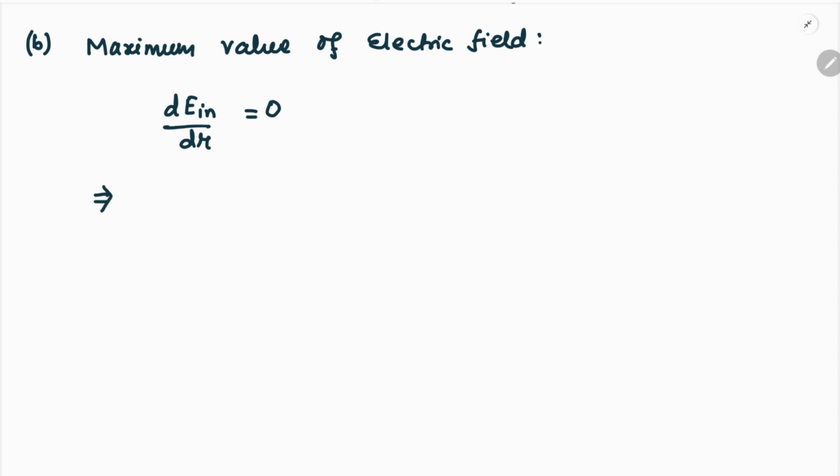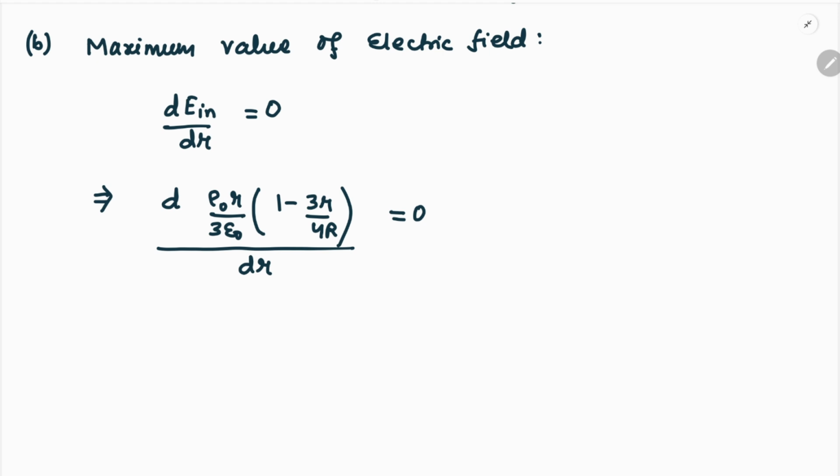So we differentiate the inner term with respect to r, that is, we take the derivative of rho naught r by 3 epsilon naught times (1 minus 3r by 4R) with respect to r, equated to 0. On solving we obtain small r equals 2R by 3.